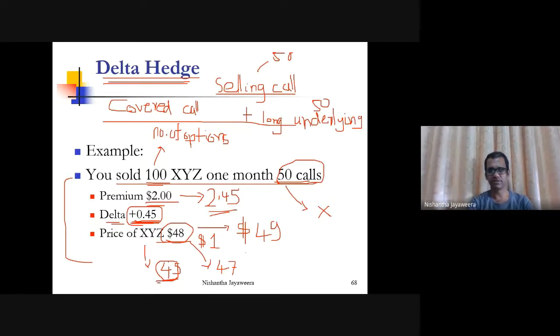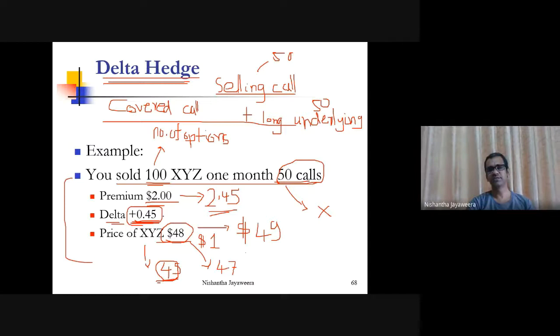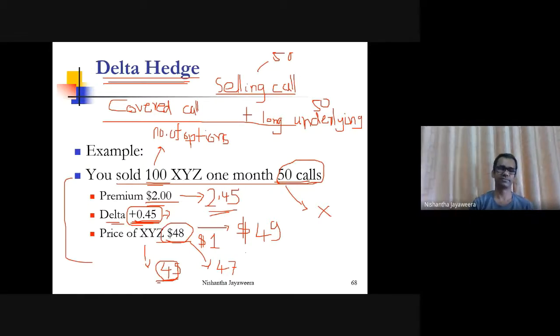This is the portfolio of the shares will go down by $1. Now the delta may change from 0.45 to something else. Then you have to buy or sell the number of assets depending on the new delta.